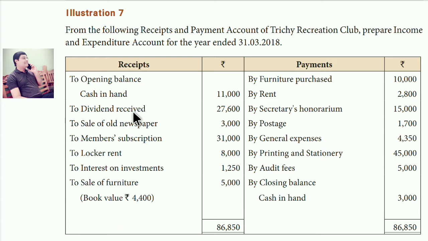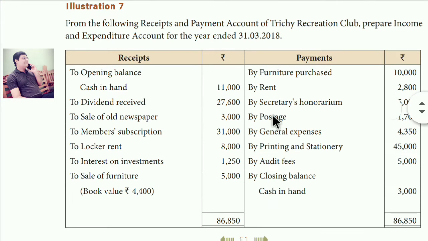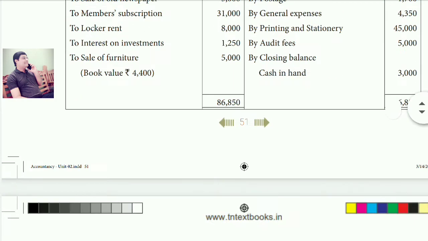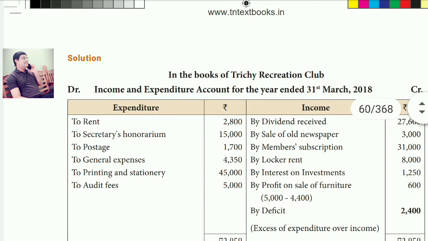Dividend received, when we write the dividend received, where do we always have to write it? In the income side. Now see the dividend received, the first item we have to write in the credit side.